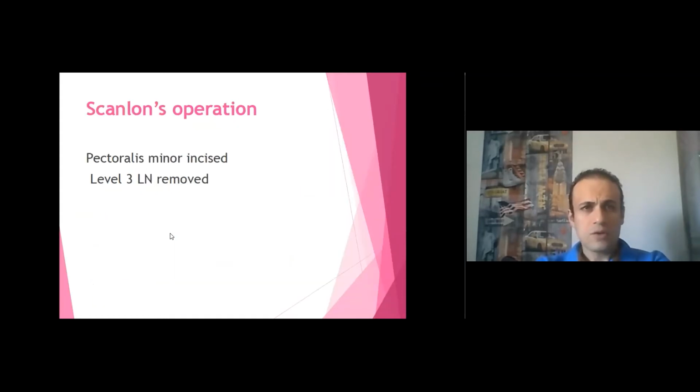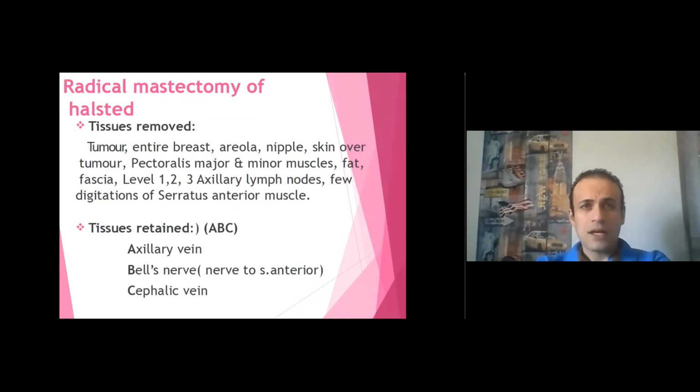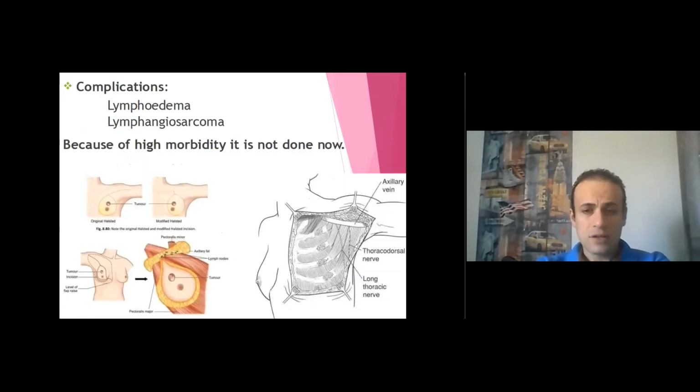Also, Scanlon's operation is not used now. Pectoralis minor should be incised, and level 3 also. Radical mastectomy of Halsted: it is also a radical operation.